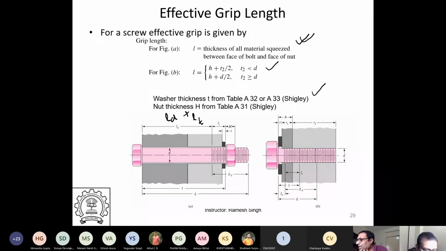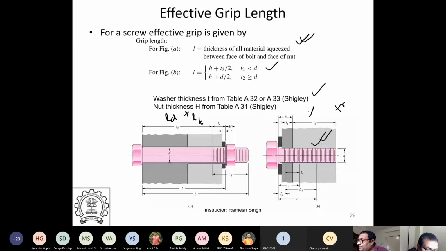So if you are using something like this, this is a threaded joint. This is tapped and you're tightening the thing in the tapped hole. In this portion you have to determine L. The way to determine L is the effective screw grip, where the material is being squeezed.